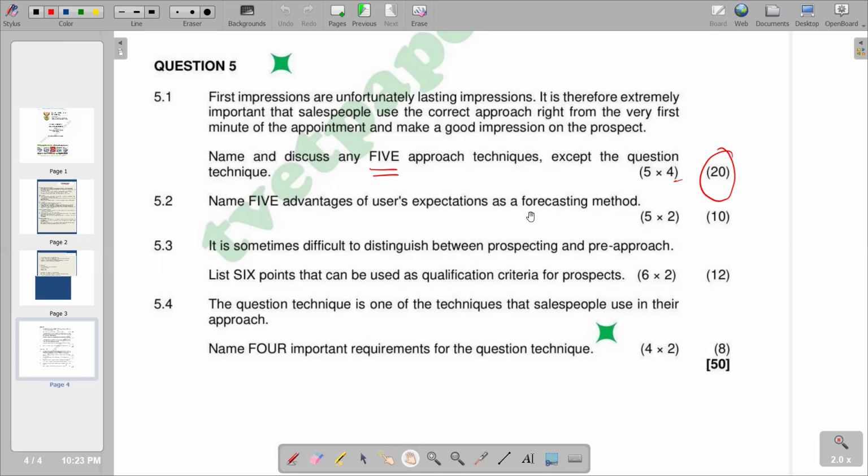And also another advantage that we can deduce is it is very effective for new market products. So basically, our question requires us to come up with advantages of users' expectations as a forecasting method. So those are some of the advantages that we can also include.